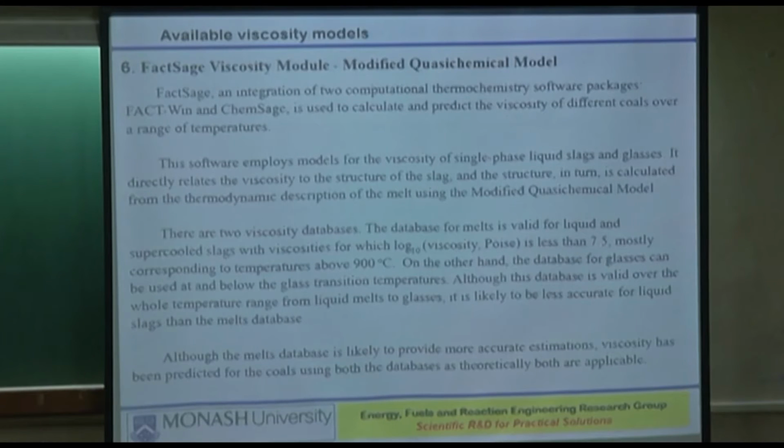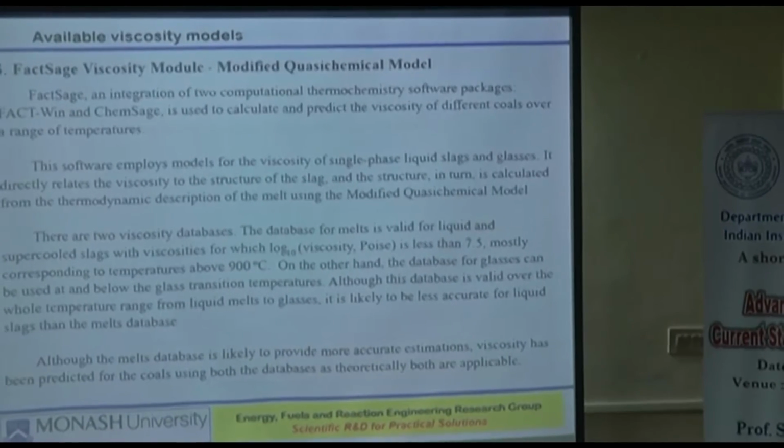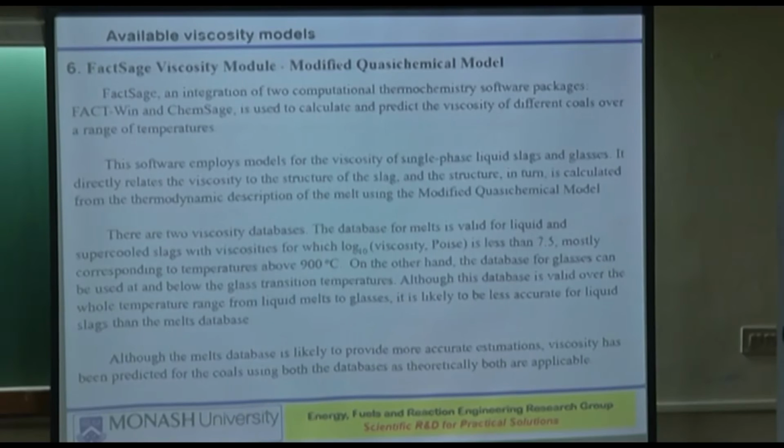So for the MELTS database, you can check with the software supplier, a Canadian one, what is actually in their database and for what range of silica, alumina, etc. they say their predictions are good.